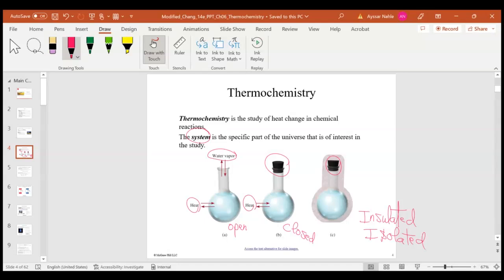At the same time, it has a jacket like a thermos, you know, the thermos when you go on a picnic. You put coffee in there, and the hot coffee remains hot for a long time. Why? Because there is a jacket that will prevent the heat from escaping and also prevent the heat from coming in, and we call it an insulated system. Is it clear? So these are the three types of system we can come across.